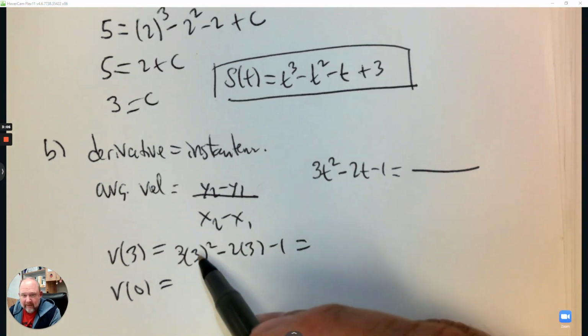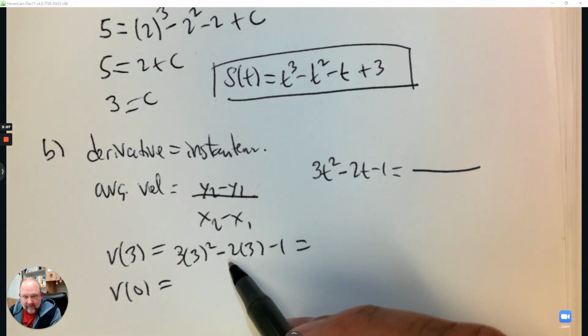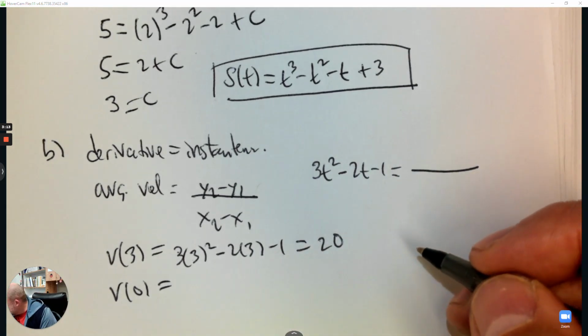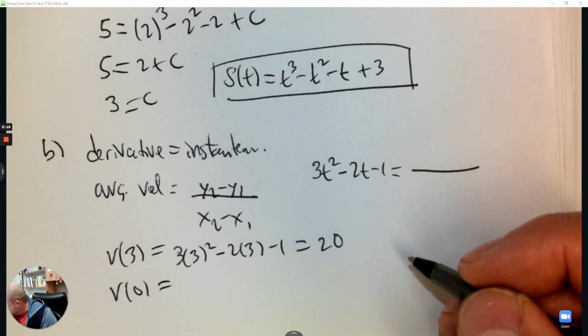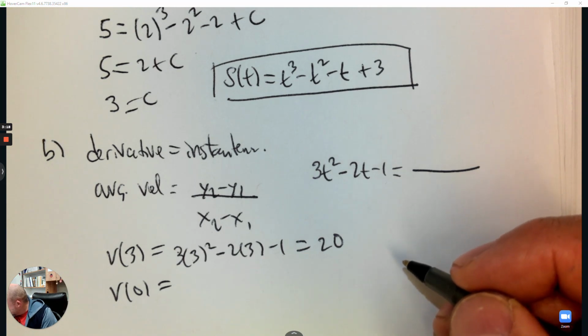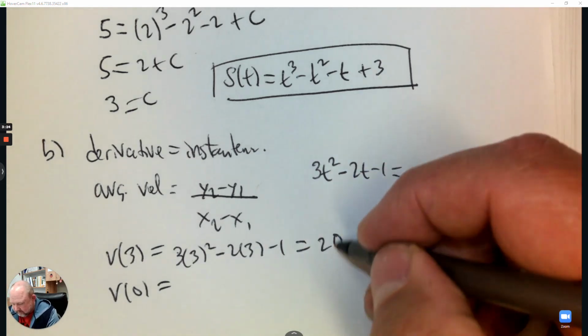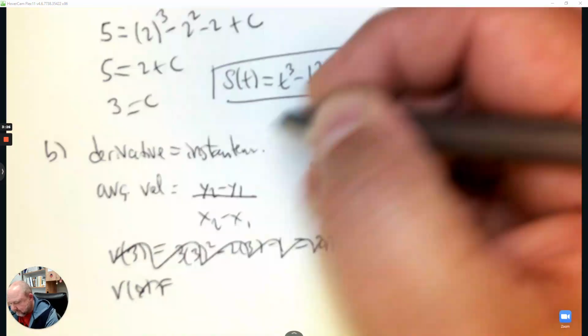Not too bad yet. That's 27, take away 6, take away 1. I think that number is 20. Make sure. Oh no, the average, calculus. Let's do it right.